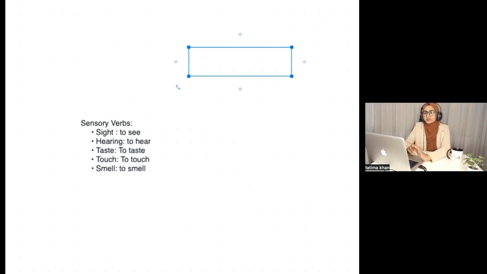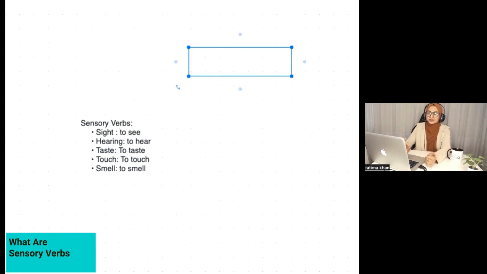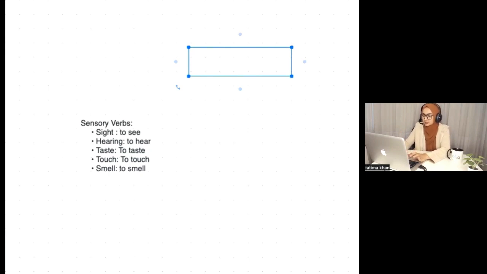With sensory verbs, we use adjectives to express our preferences, what we prefer, our beliefs, what we believe in, and our feelings, our ideas, and all these things.